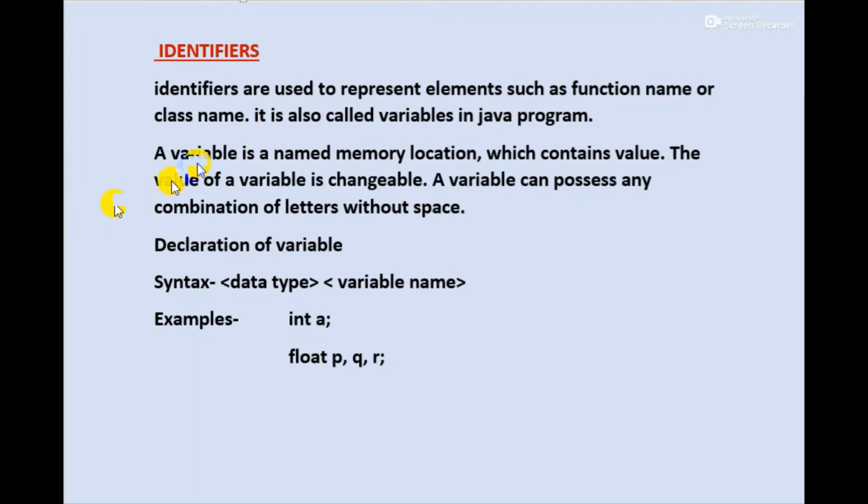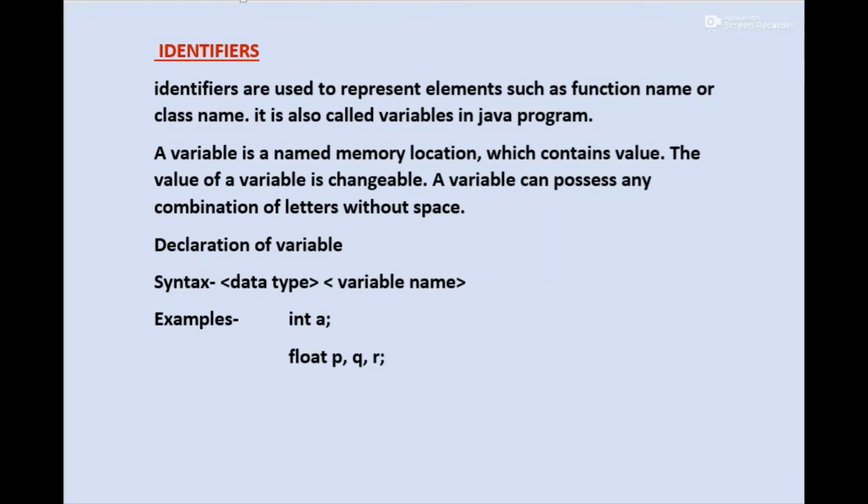So what is a variable? A variable is a named memory location which contains a value. Whenever we create a Java program, we need to declare some variables, and these variables are named memory locations where the values will be stored.